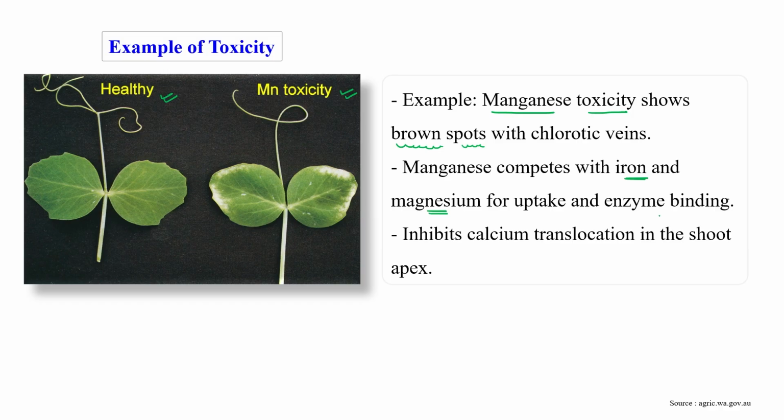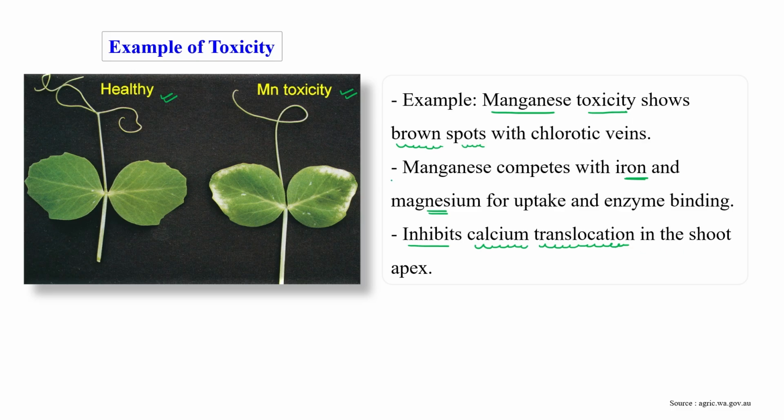So it shows a competitive behavior. That's why it is written over here that manganese competes with iron and magnesium for uptake and enzymatic binding, and it also inhibits calcium translocation into the shoot apex.